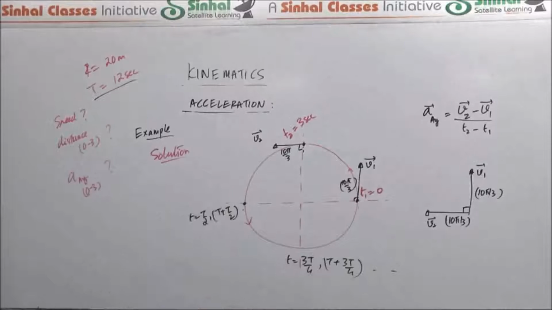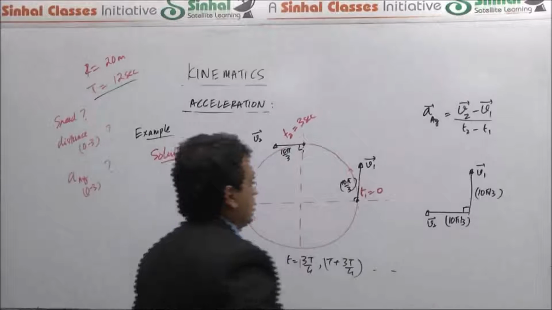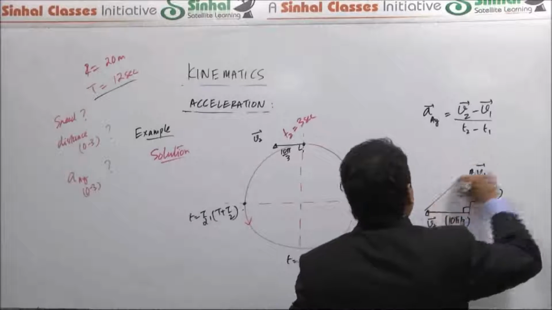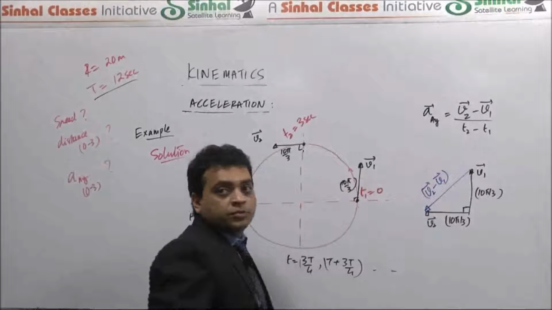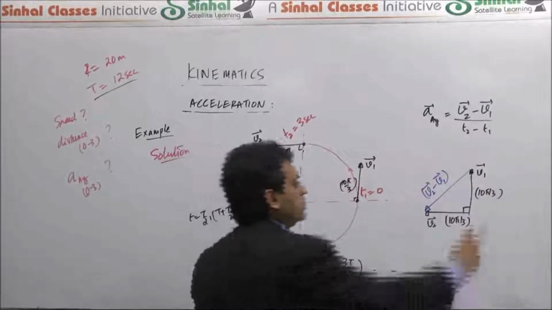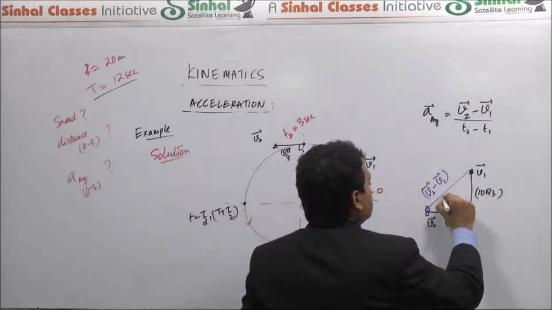Taking a minute, right? Right. So this being an isosceles right angle triangle, see that this side will be root 2 times the other side.